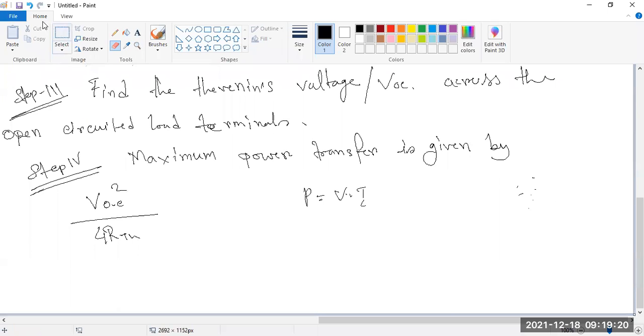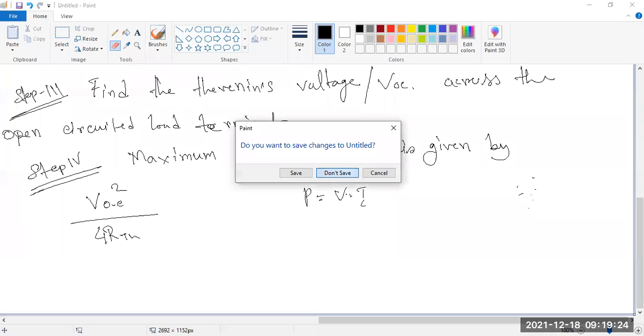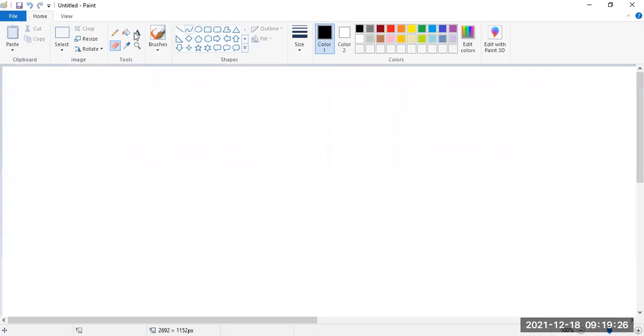So just let's see an example, then we can understand the total things. So first an example, we have to know that.